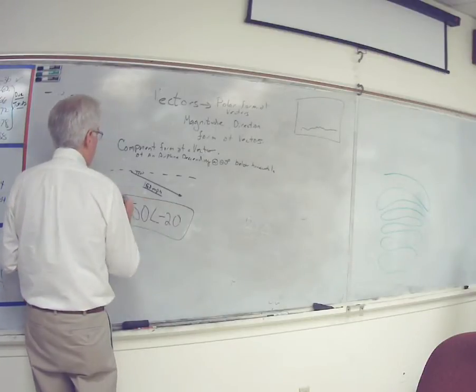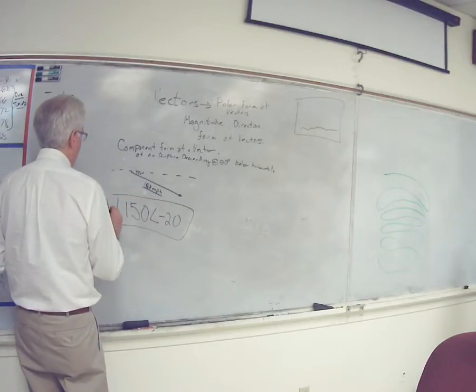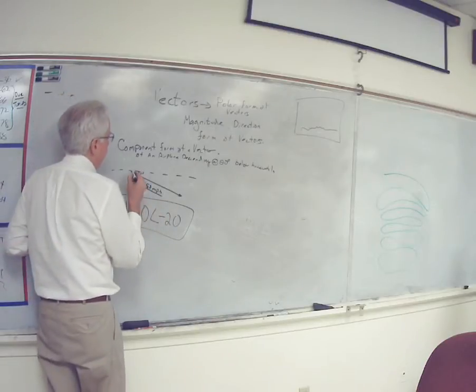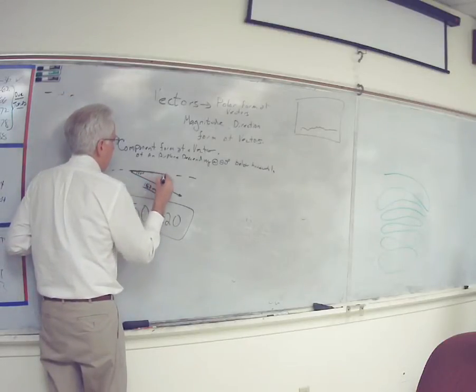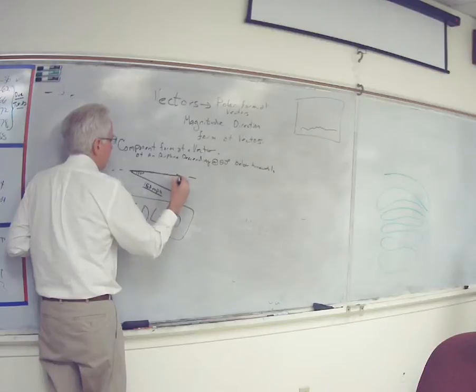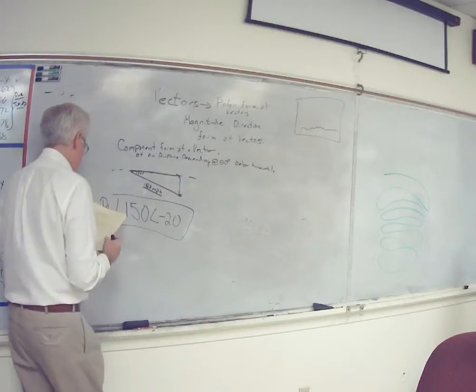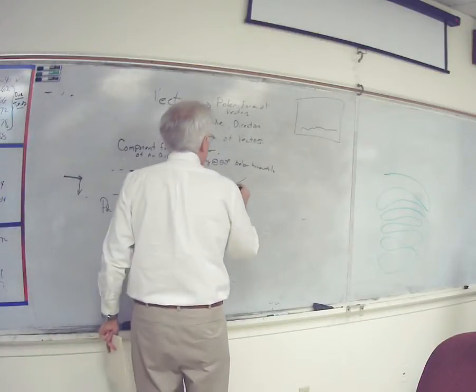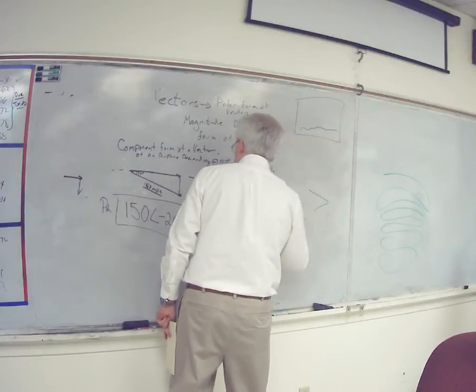That is my vector in polar form. Now to get this in component form, I have to figure out how far across this is and how far down this is. That would be the first and the second number.